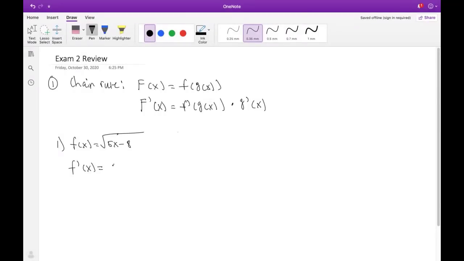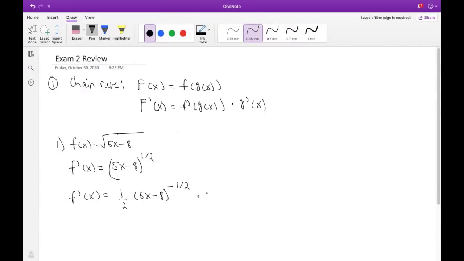So the first thing we're going to do is just rewrite this as 5x minus 8 to the power of 1/2. And then we're going to bring down the 1/2, have 5x minus 8 on the inside and subtract 1 from the power.